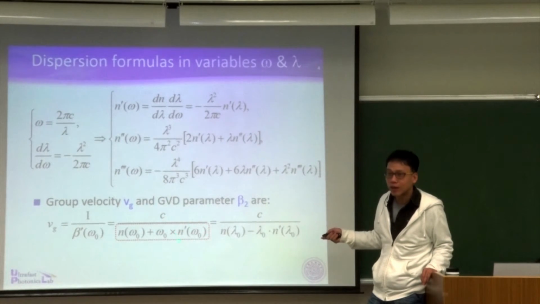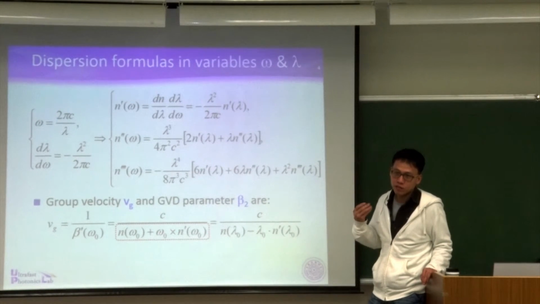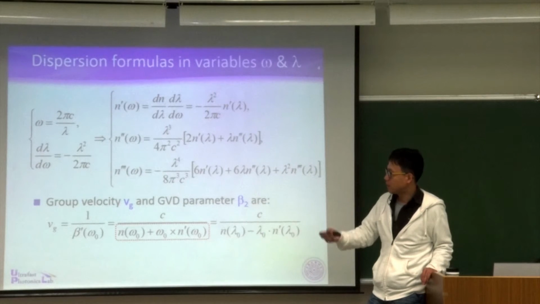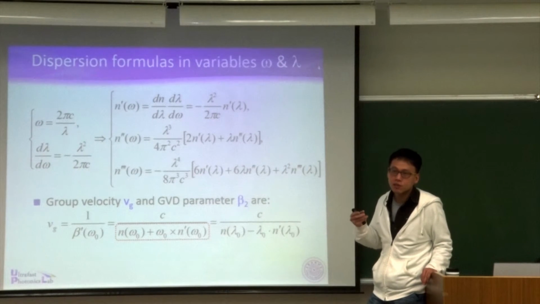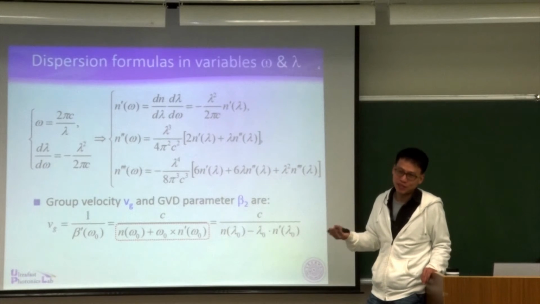Depending on this one, right? N prime, the derivative. If it is a positive slope, you get a positive modification. So your group index is bigger than the index. So is your group velocity faster or slower than the phase velocity? Slower, right?